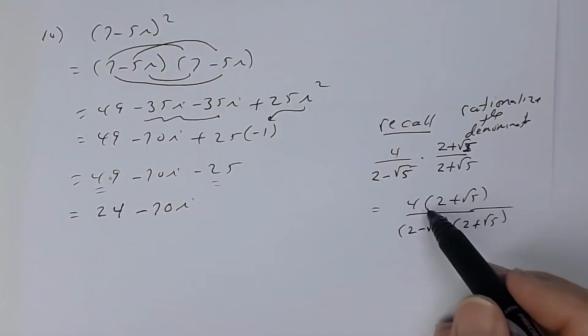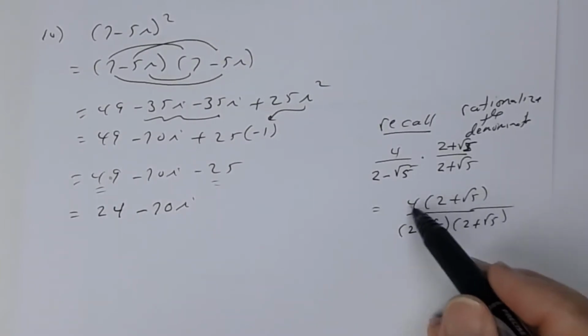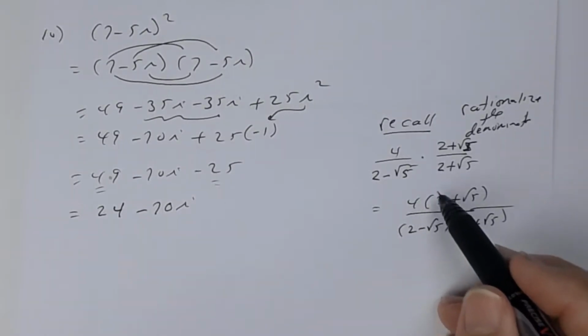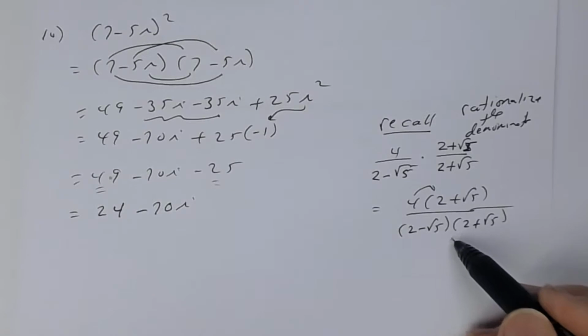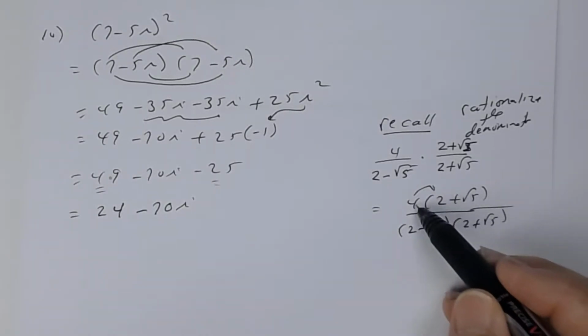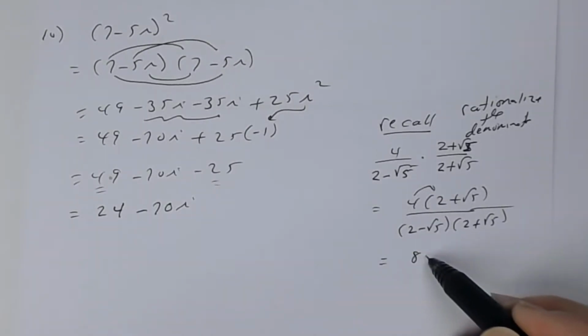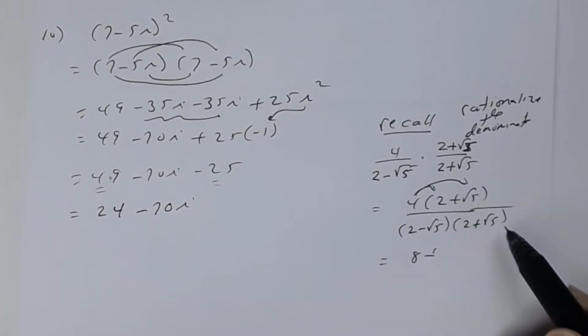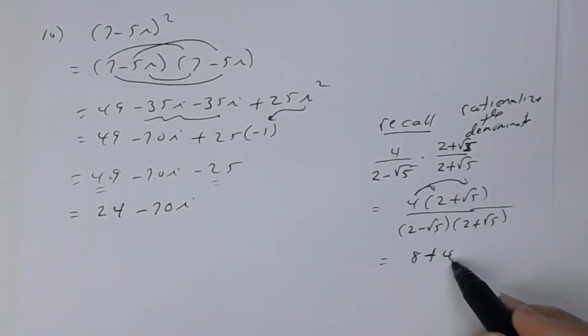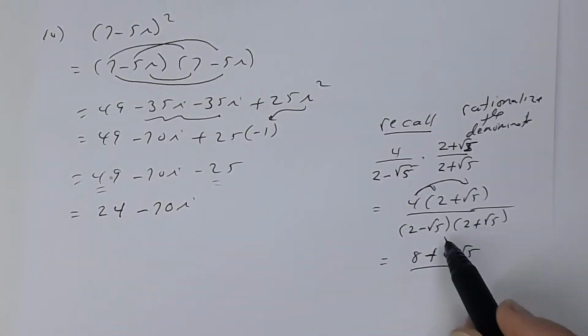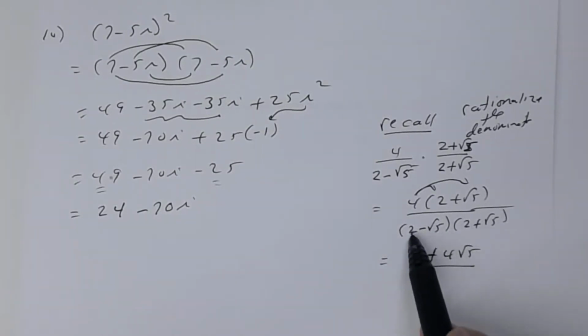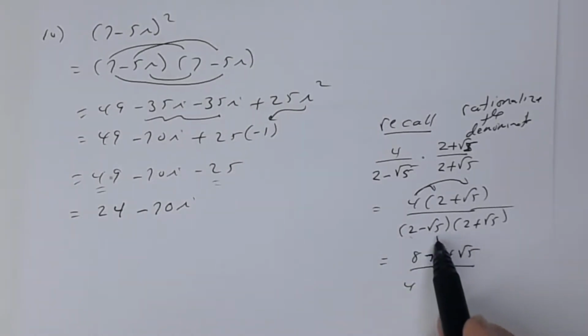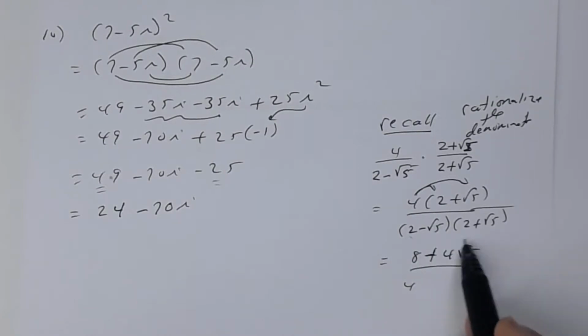And so let's go ahead and use the distributive property in both cases. In the numerator, it will be the distributive property, and the denominator will be the FOIL method. So 4 times 2 is 8, plus 4 times the square root of 5 is 4 square root of 5. All right, now in the denominator, here's what we get. 2 times 2 is 4. The outer is 2 square root of 5.